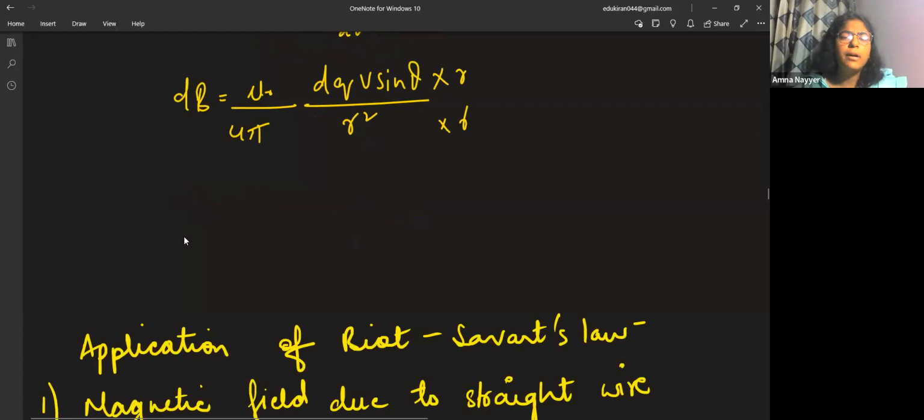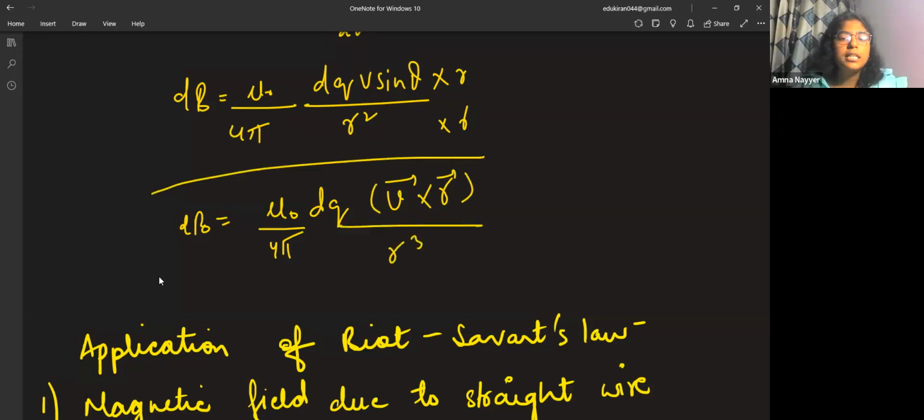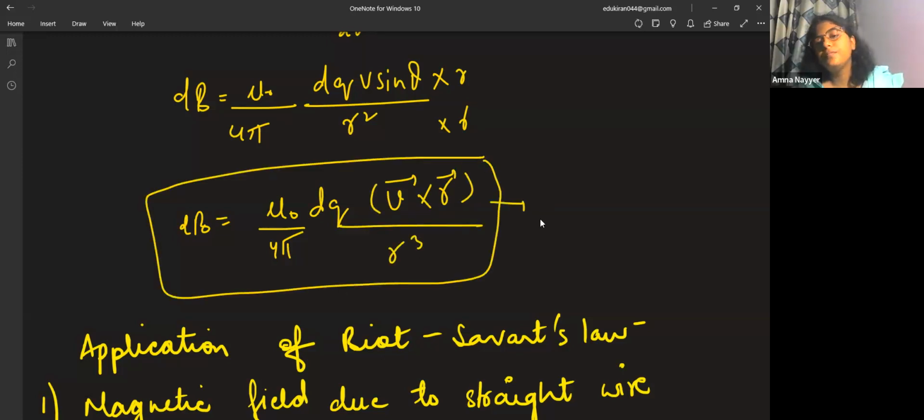Multiply and divide by r, or directly use this as mu naught by 4 pi dq v cross r by r cube. This is in vector form, and this is the normal formula which you can use just in case velocity and charges are given. Otherwise, use your general formula. Applications, we'll do it in the next class.